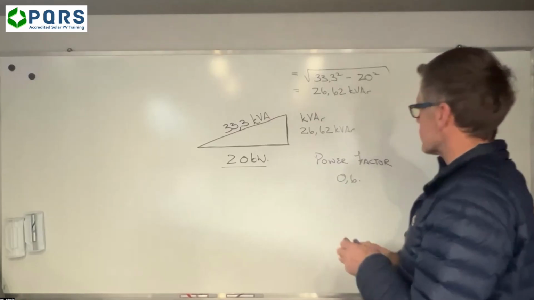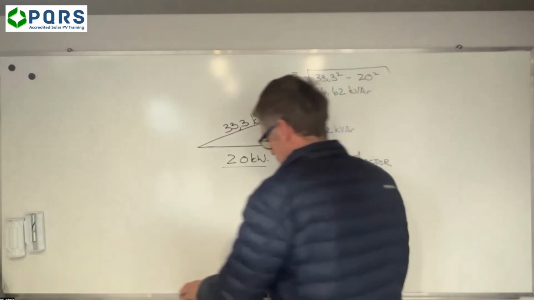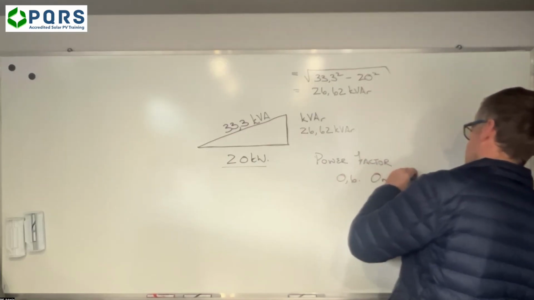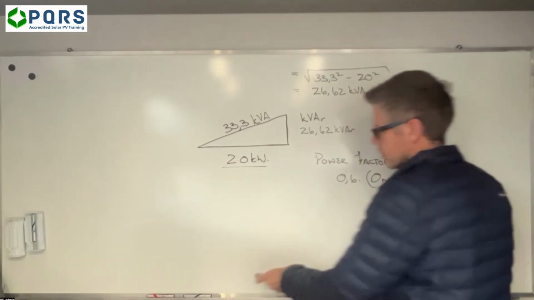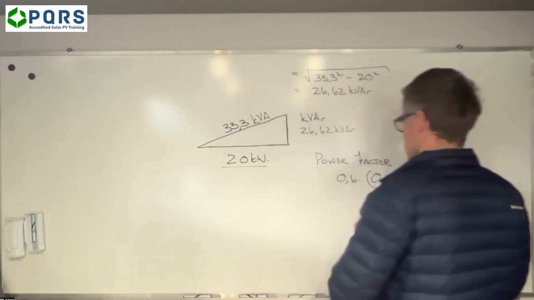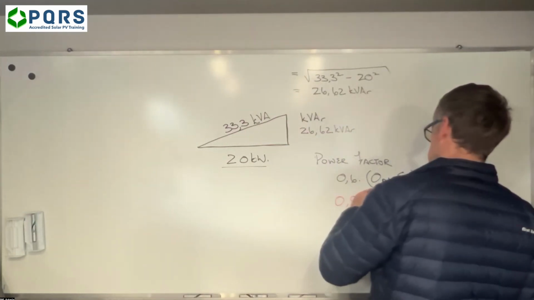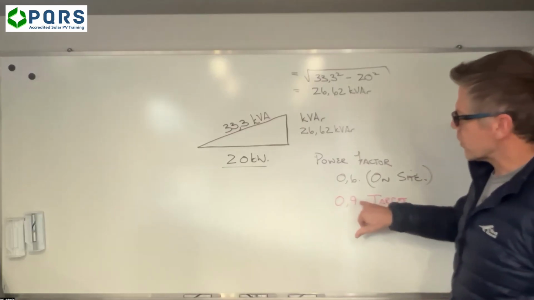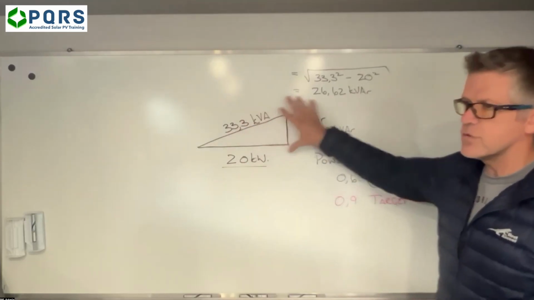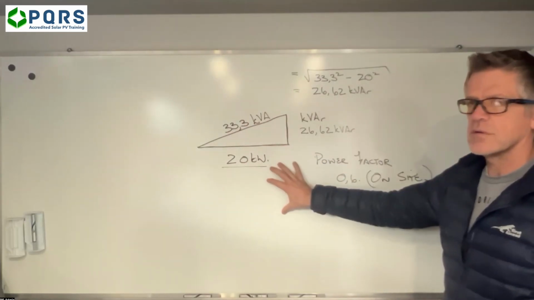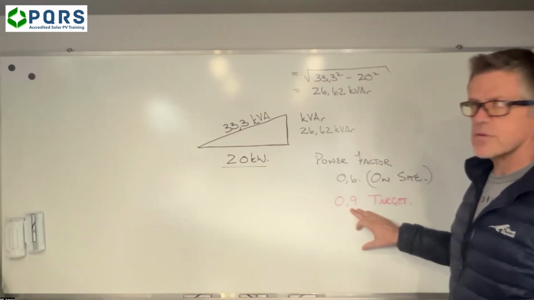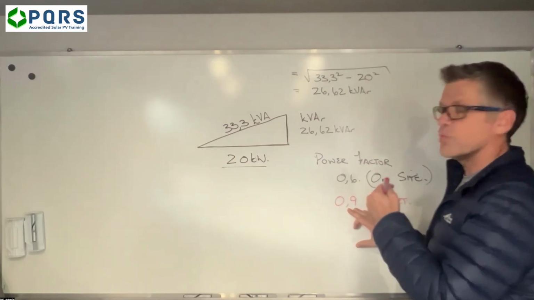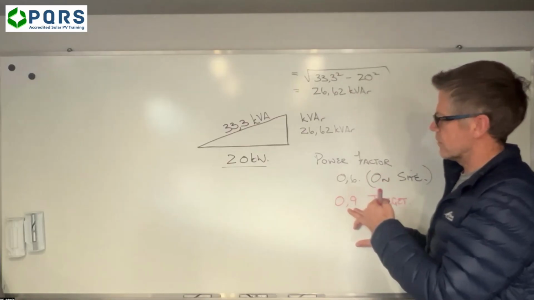So, and I'm going to do this in red, 0.6 is the power factor on site, and 0.9 is the target that we would want to achieve. So we are going to redo this entire calculation just using the target power factor as what we're going to be aiming to achieve.